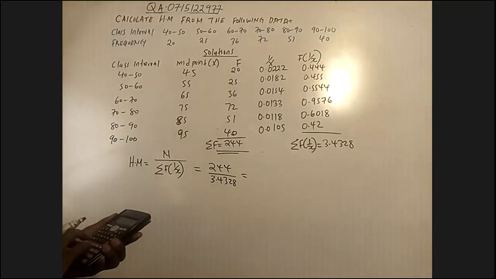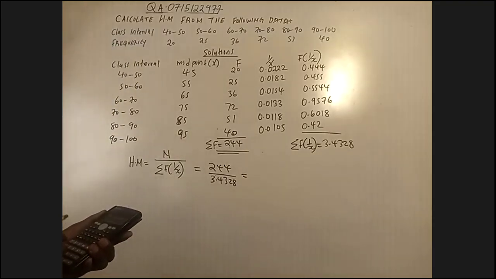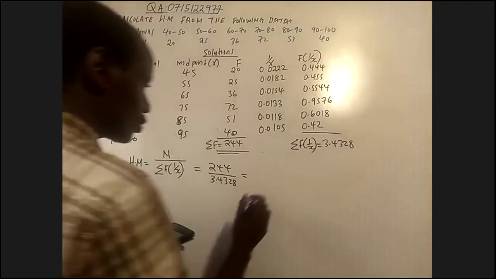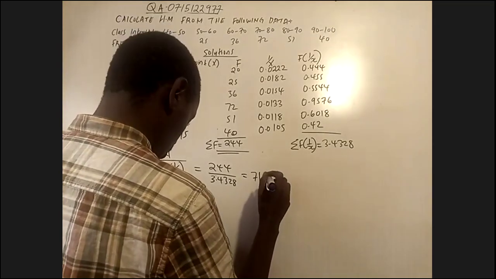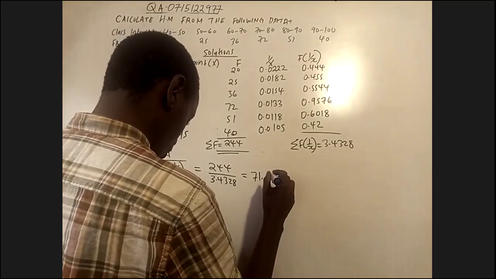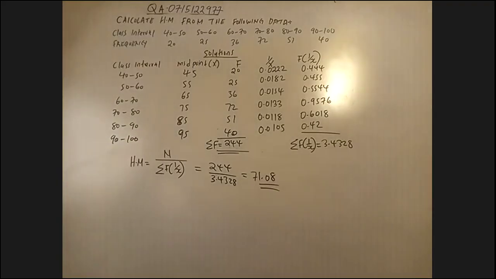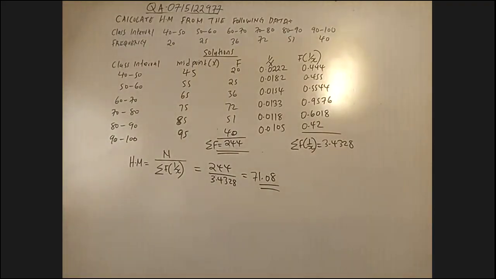So 244 divided by 3.4328, our mean is 71.08. That's our mean, 71.08.